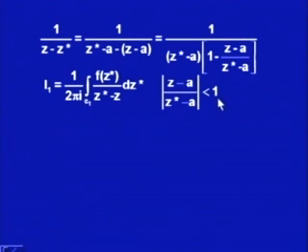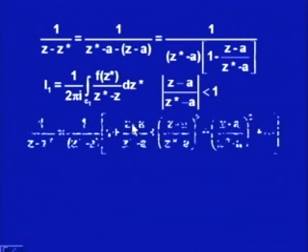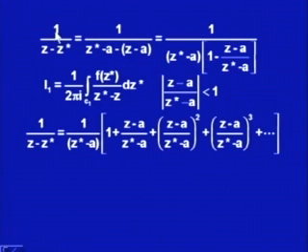So, if this is the case, then the integrand 1 upon z minus z star can be expanded by the geometric series as 1 over (z star minus a) into 1 plus (z minus a) over (z star minus a) plus ((z minus a) divided by (z star minus a)) whole square, and so on.